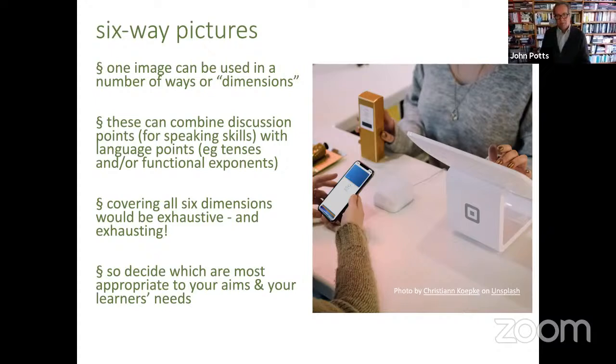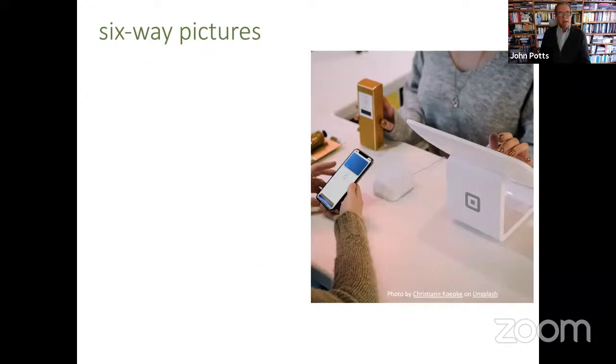So you're going to see it again. And we're going to look at the different dimensions. I said there are 6. So the first dimension is the objective dimension. What does the picture actually show? Just what can you see in the picture explicitly, objectively? Can you type into the chat box, please, a couple of the things that you can see in the picture, things that you can be sure about, objectively sure?